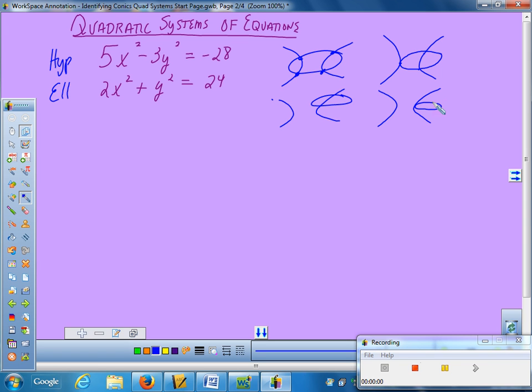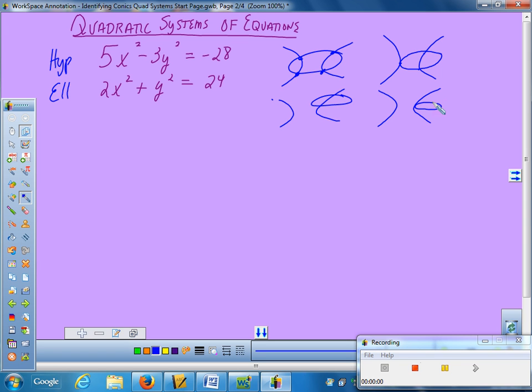So you can't get a no solution on these. So realize that when we did systems of equations and we found out where 2 lines crossed, how many answers did you get? 1, unless it was infinitely many and they were the exact same line. So on these, there's a lot of different choices of how many answers you could get. But 4 is going to be the max.